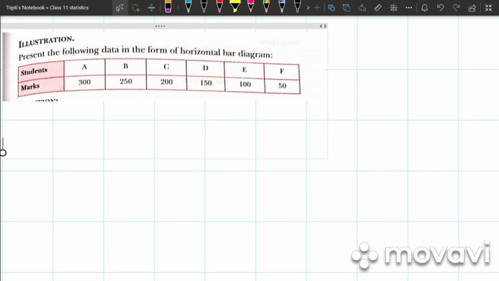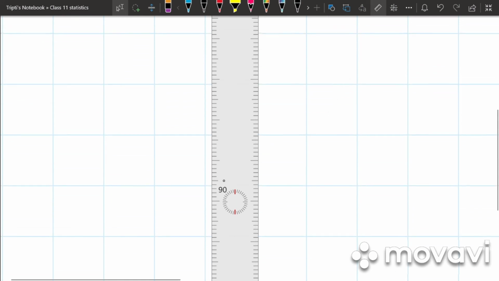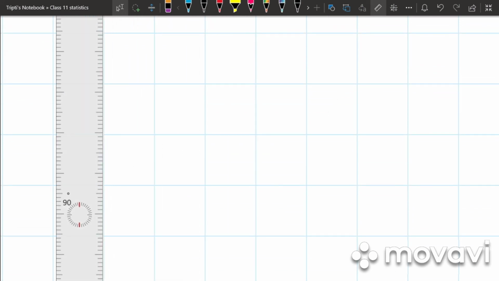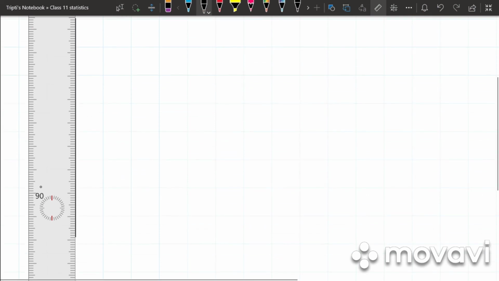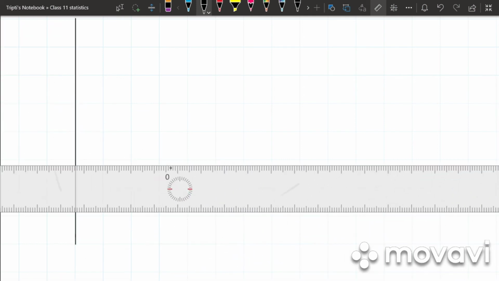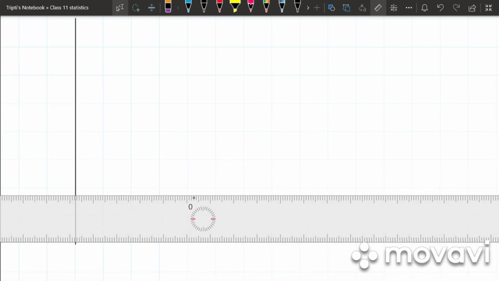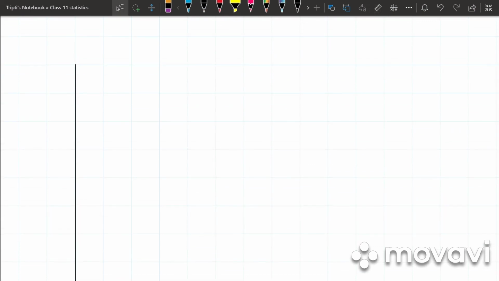Next, let's go on to another illustration. Present the following data in the form of horizontal bar diagram. So they have given us students and they have given us marks. We need to do a horizontal bar diagram. Again we will be drawing the x-axis and y-axis.